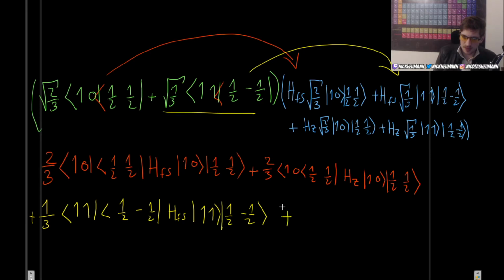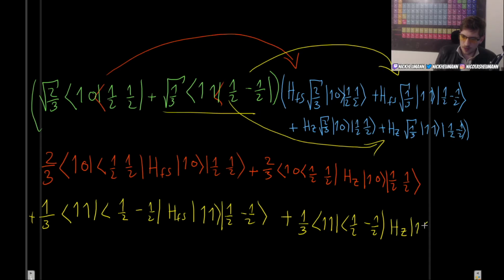And then plus this times this part right there. So we get 1/3 and 1, 1, 1/2, minus 1/2, the Zeeman Hamiltonian, then 1, 1, 1/2, minus 1/2.